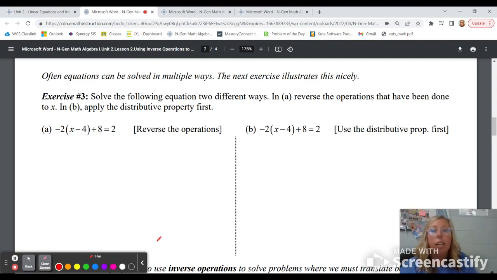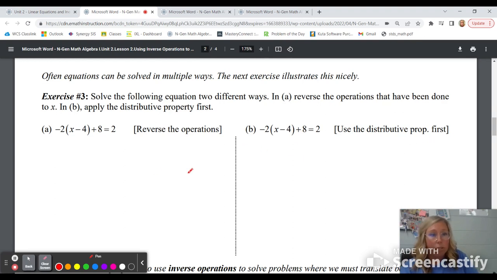We'll check your work on those after you've finished your notes. Exercise 3 is dealing with the fact that sometimes you have more than one option when it comes to solving an equation. We're going to solve this same equation two different ways: first, by reversing the operations that are in the equation, and then using the distributive property first.